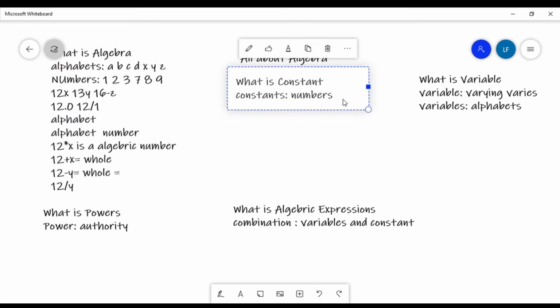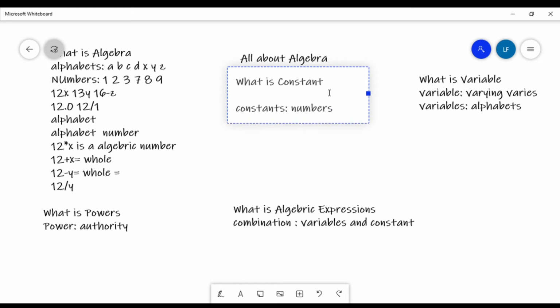Now, what is a constant? Well, constant is derived from the term same or fixed. It is constant, consistent, does not vary.